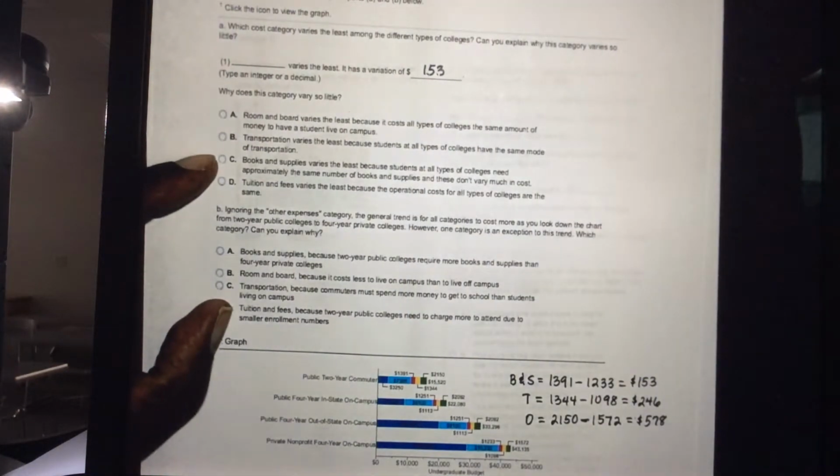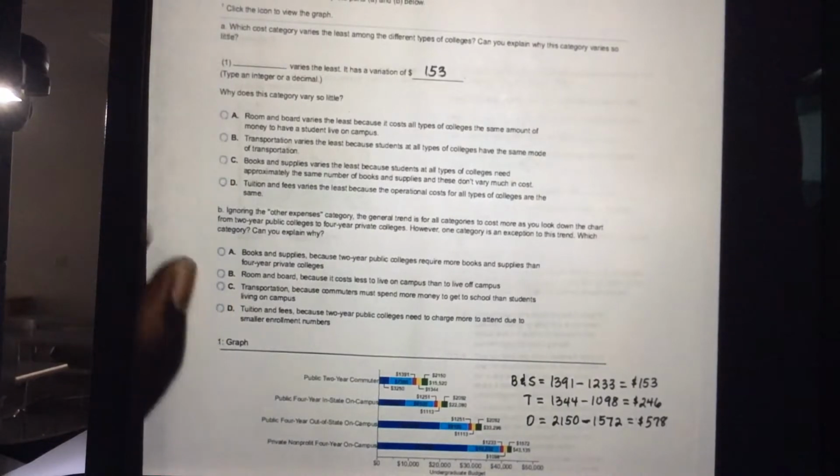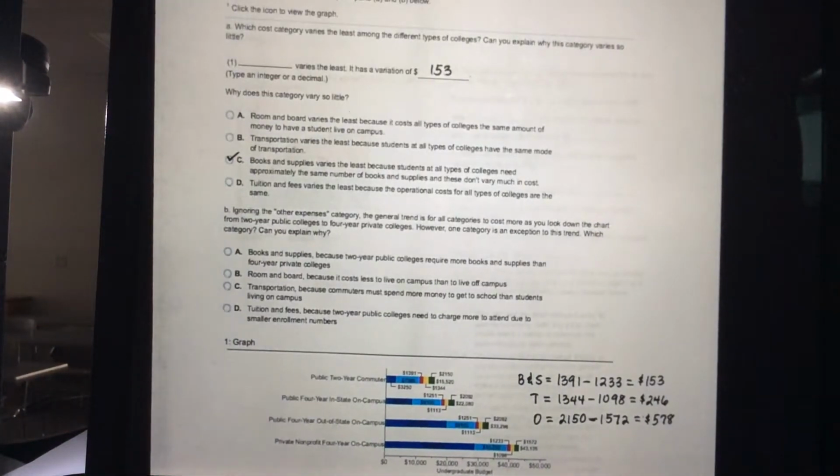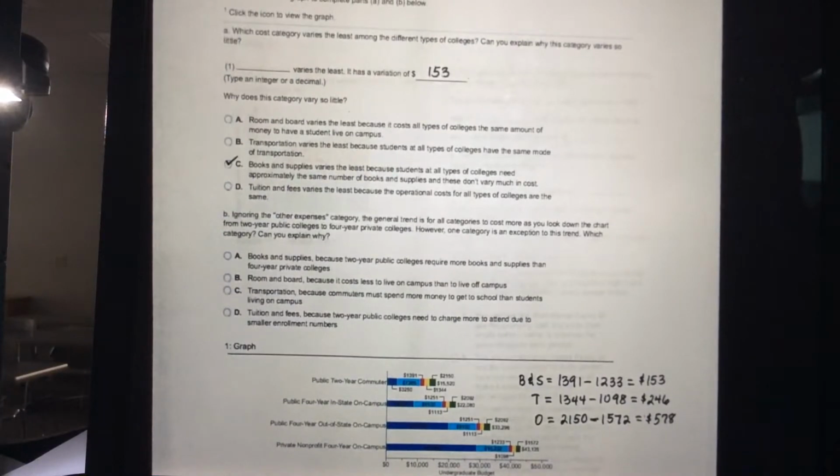And then the question after that is, why does this category vary so little? Well, we have to pick the answer that deals with books and supplies. And it has to be answer C. Because books and supplies varies the least because students at all types of colleges need approximately the same number of books and supplies, and these don't vary much in cost.